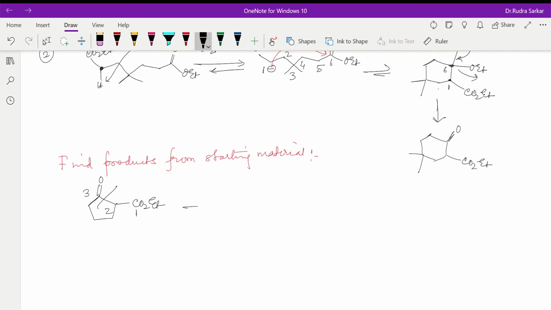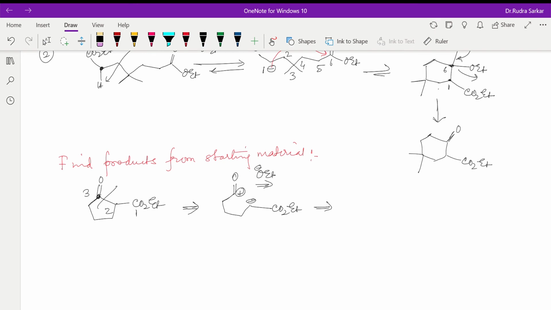Disconnect at 2 and 3. This carbon will be bearing the positive charge. This is having the negative charge. Okay. Now where you have placed the positive charge, you add O minus OET.